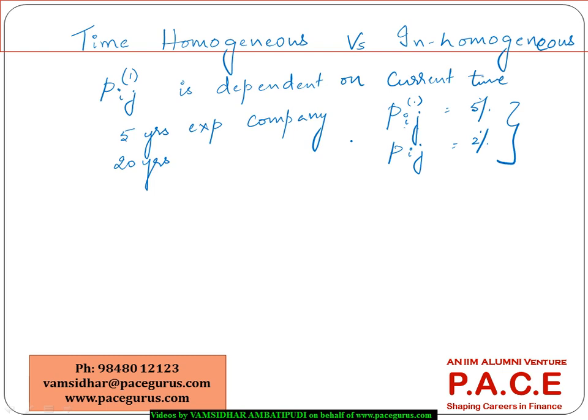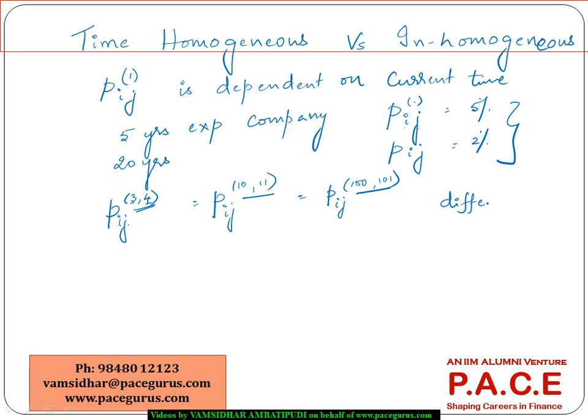If that is what we are trying to consider, and we are not taking it uniformly, versus if we are talking about time homogeneous, whether we are talking of moving from 3 to 4, if from year 3 to year 4, going from I to J is the same as going from I to J between year 10 and year 11, or even the same as between year 100 and year 101, because the probability is only based on the difference.